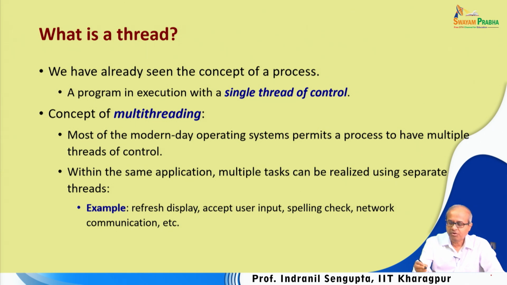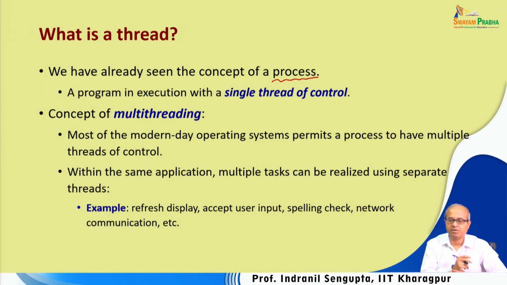So, we saw the notion of a process. A process is a program in execution. During execution there are some processor registers, which hold temporary results of computation. There can be a program counter which will keep track of the next instruction to be executed.